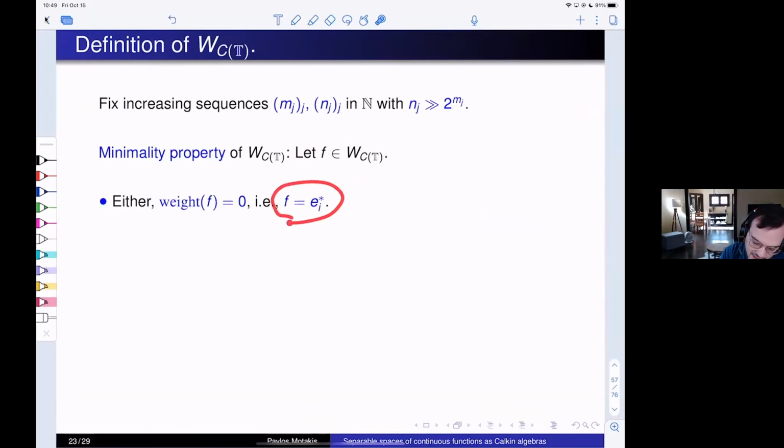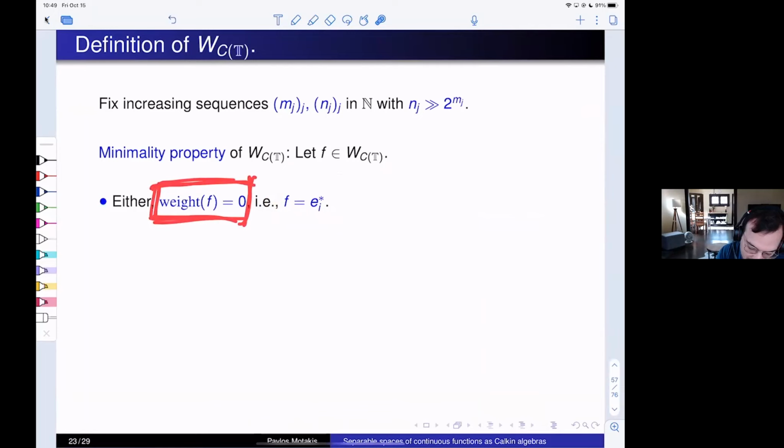Either it is a basis element. I denote here the unit vector basis of c00 by e_i star because I look at it as a sequence of functions. Either it is a basis element, maybe times a scalar, but just to simplify here. And if this is the case, by convention, I will say it has weight 0.